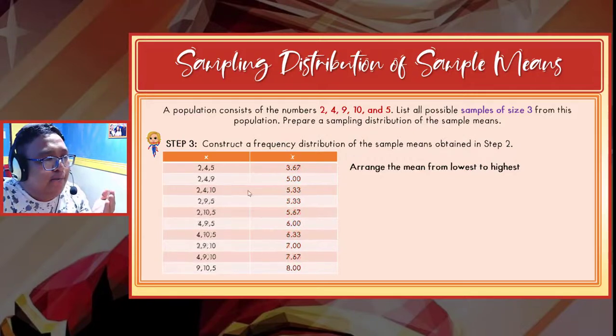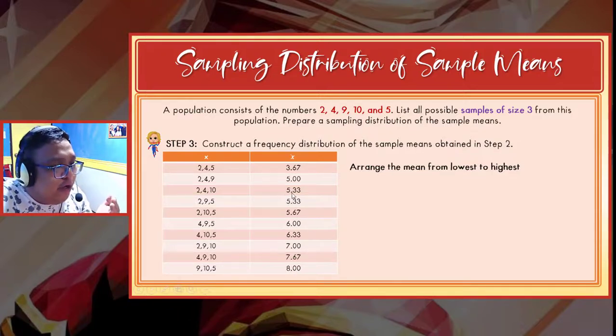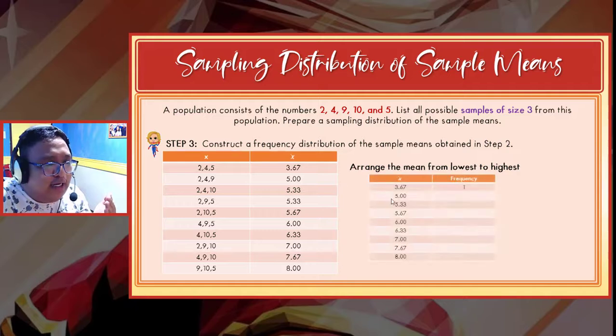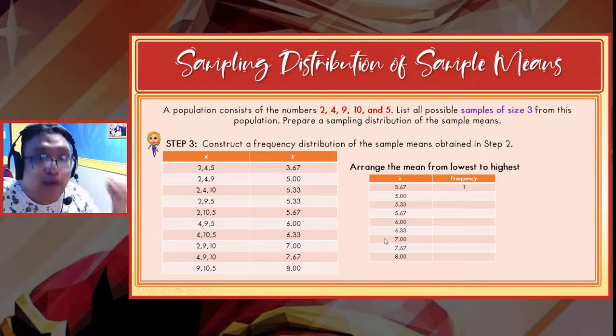So, look at this one. Kapag in-arrange natin siya, we'll have this. And we can notice now that 5.33 repeats itself twice. Para saan yun? Okay? So, ililista mo lang siya ulit dito. So, we have now this list. Alright? So, ilang beses lumitaw si 3.67? Pag nga pala nilagay nyo na siya dito sa frequency distribution, wala na po dapat umuulit.